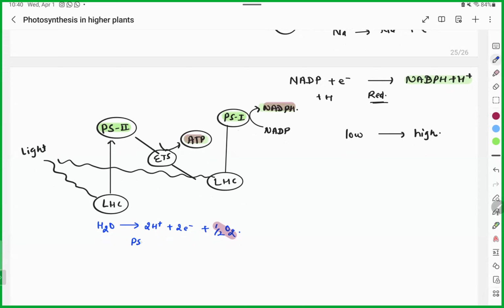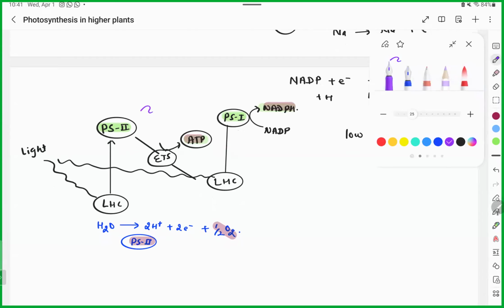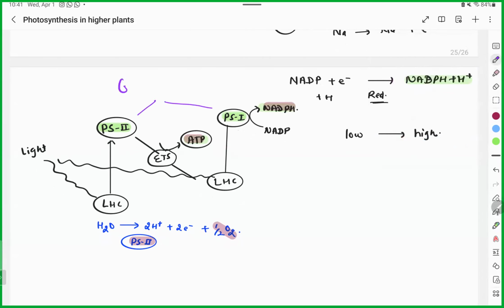And both these things are present in grana, or you can say thylakoid. This complete non-cyclic photophosphorylation is present in grana or thylakoid, where you are producing oxygen, NADPH, and ATP.